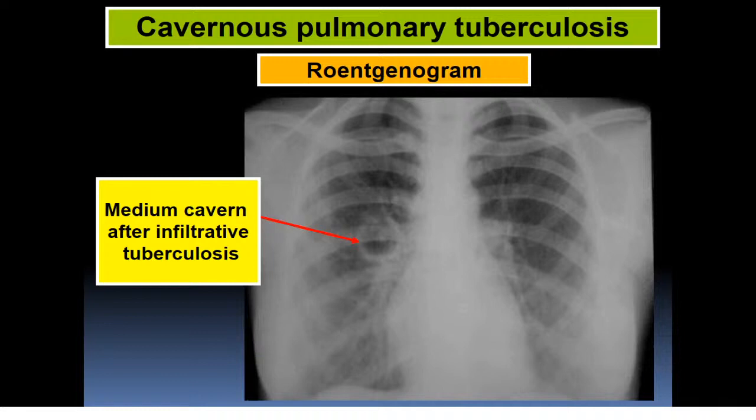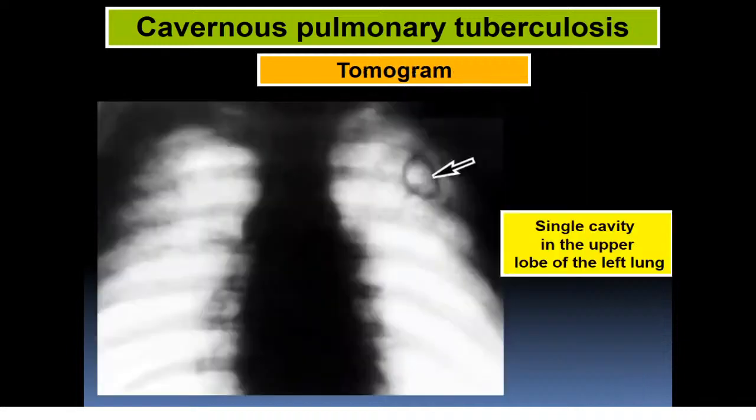On this X-ray, we can see a medium cavern after infiltrative tuberculosis, because around the cavern there are signs of infiltration, perifocal infiltration. Ring shadow also.